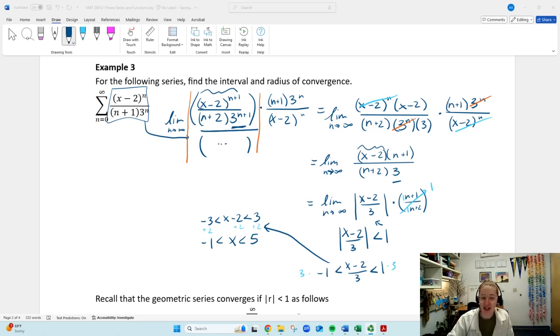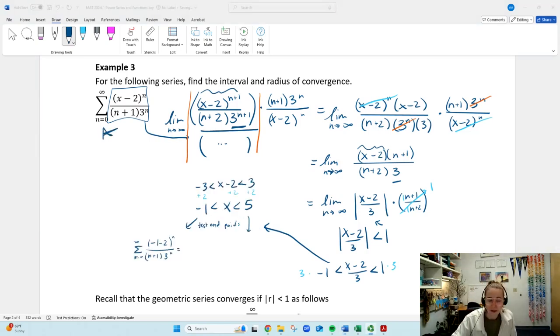We do need to check the endpoints. So I'm going to go ahead and plug in negative 1 and 5 to my x value up here and see if I can determine what's happening. When I plug in negative 1 for my x, I will actually get the series negative 3 raised to the n over n plus 1 and then 3 to the n.